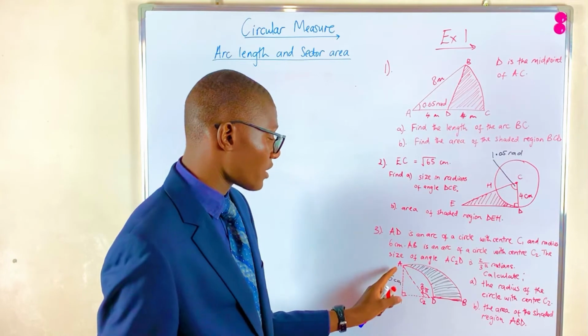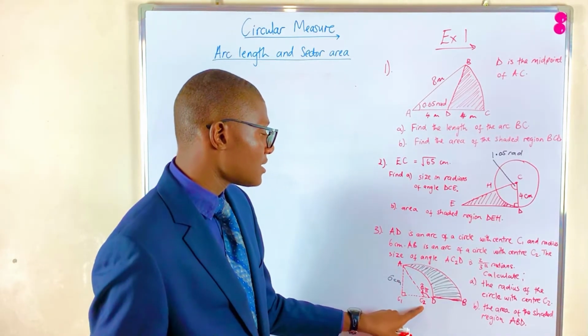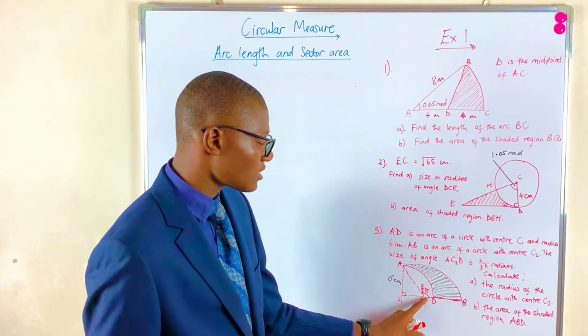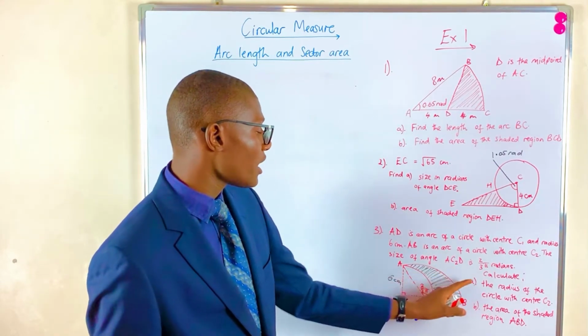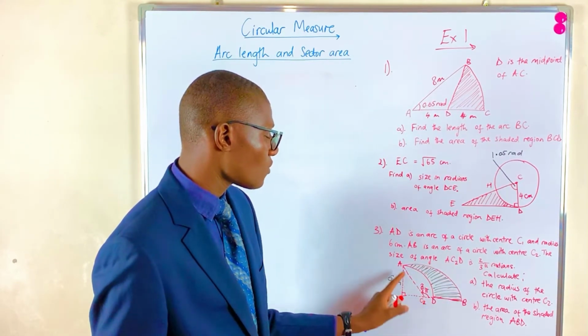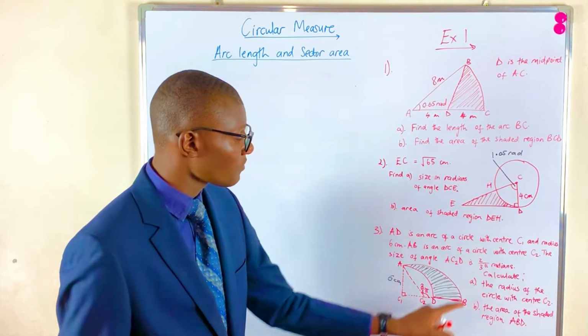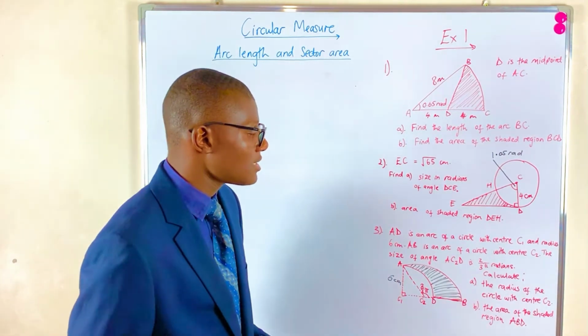So AB, now there's an arc, right? And then the center of a circle with the center C2. So the center for this is D, right? And then now the size of the angle, this angle AC2D, is 2/3 pi radians. We're asked to calculate the radius of the circle with center C2.